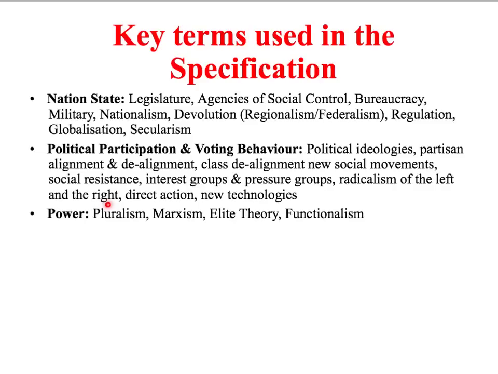So those political parties that are based on a view of nationalism that excludes certain groups on the basis of their race, culture or ethnicity. And new technologies, as we mentioned earlier, is about the internet and wireless communications, and then these are the key theories that you need to learn.